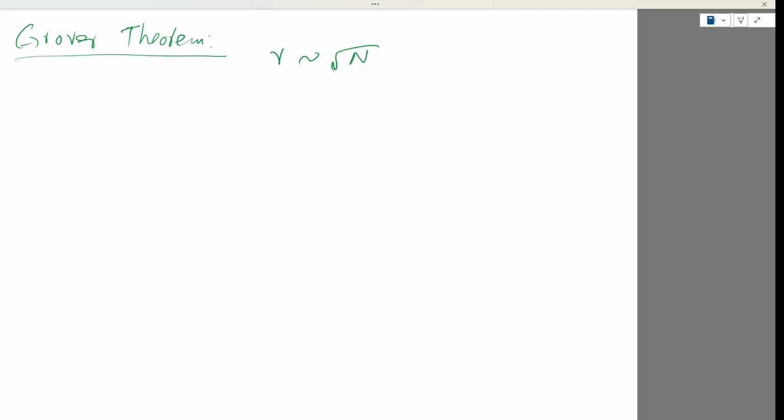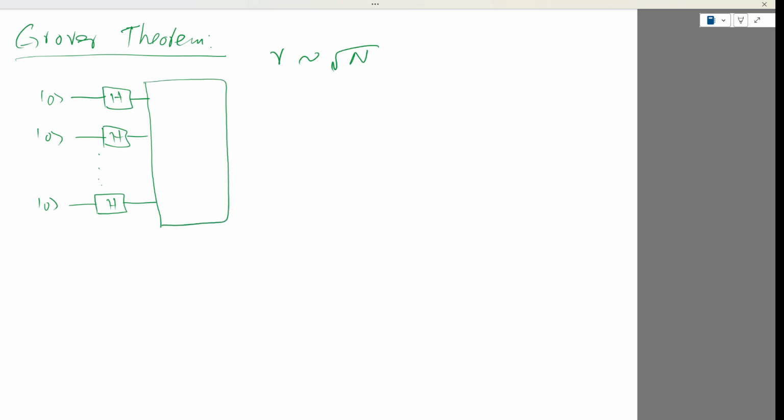And the statement of the theorem is this, that we start, let's say, with our qubits all in state 0, and apply Hadamard. So we have n qubits, small n number of qubits, and they're all initialized to 0. And we apply Hadamard to each of the qubits, and then we pass this superposition output from the Hadamards to this oracle UF, and then there is a special reflector function found by Grover.